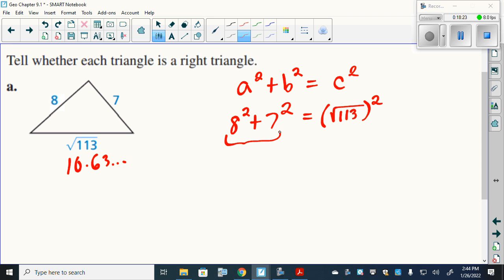We can type that straight in. I can type in 8 squared plus 7 squared and hit enter, and we'll get 113. We can also calculate the value of C. So we can take the square root of 113 squared, and it gives us 113. Because here the square root and square actually cancel each other out.